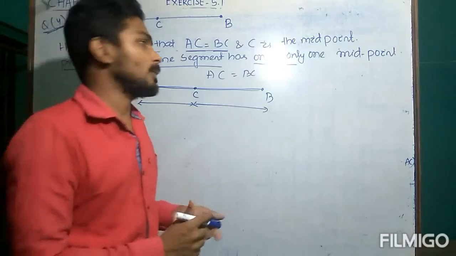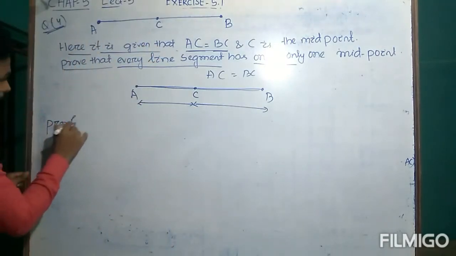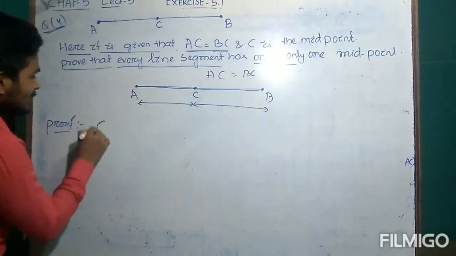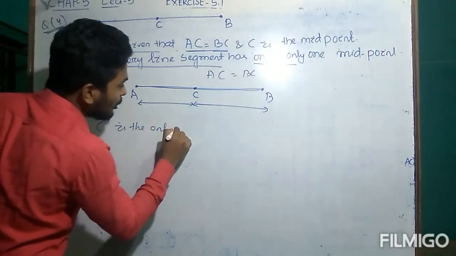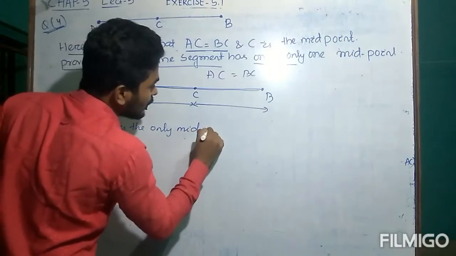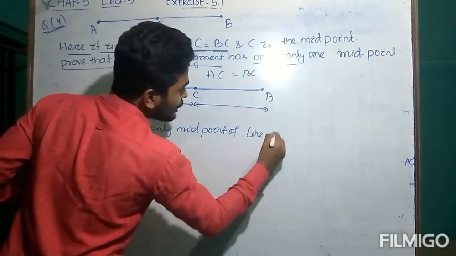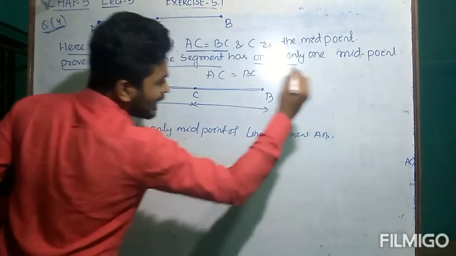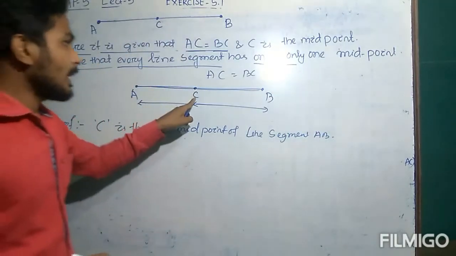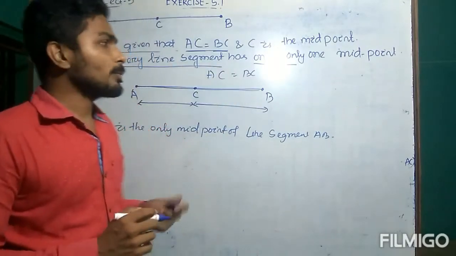So I have to prove that C is the only midpoint of line segment AB. That means there exists only one midpoint of any line segment.